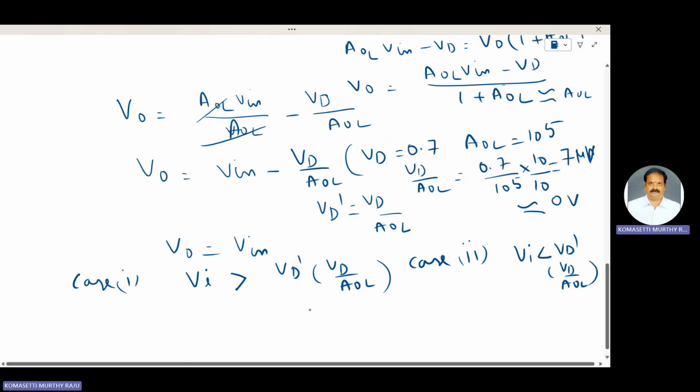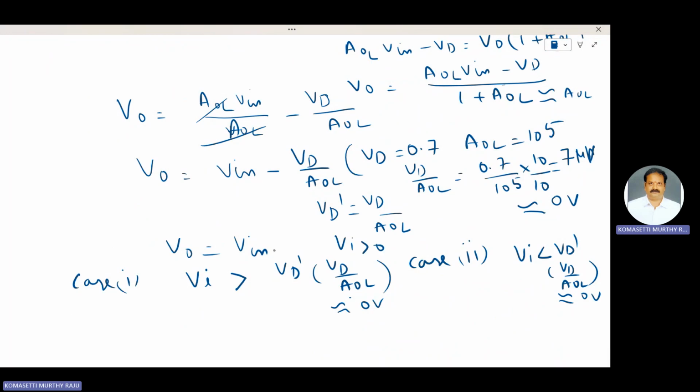We need to verify these two conditions. If VD by AOL is approximately equal to 0 volts, then for Vin greater than 0, V0 is equal to Vin. Check these conditions for Vin greater than 0 and Vin less than 0.